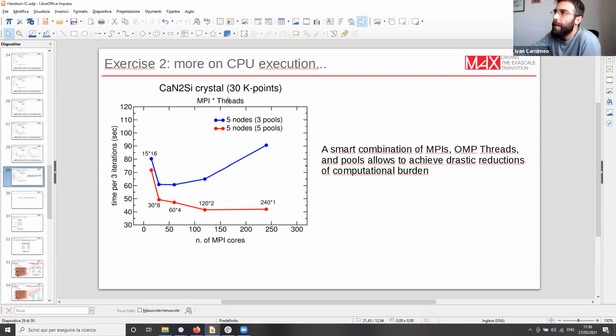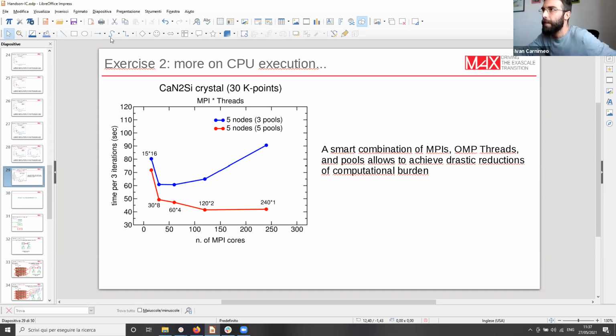If I divide 30 K points in 3 pools, it is quite fine, because each pool has 10 K points. This subdivision is equally balanced because I can divide 30 by 3 exactly.